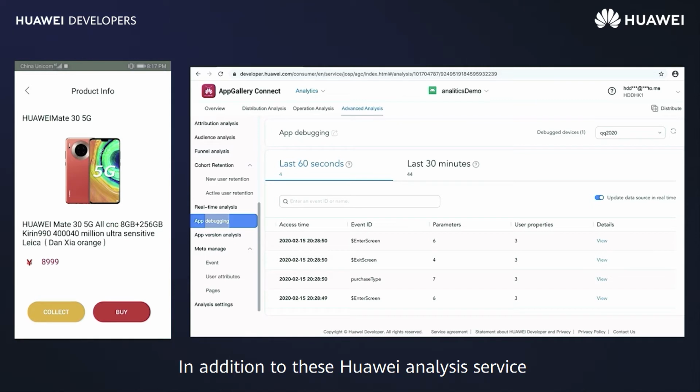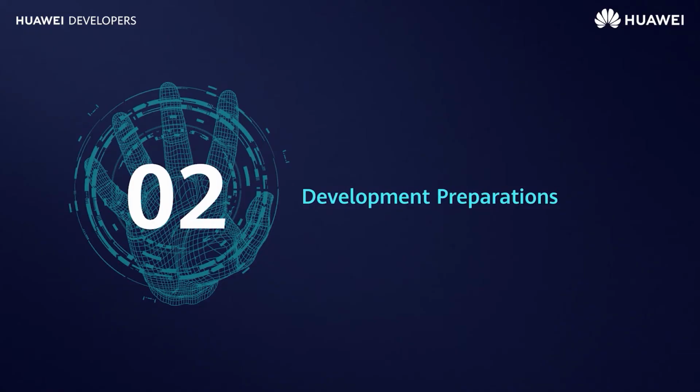In addition to these, Huawei Analysis Service has many other features. For example, we can display the DAU, MAU, and retention, etc. We will introduce these features in detail later. How do we realize the features in the demo? Now let's come to part 2, the practical training of app.